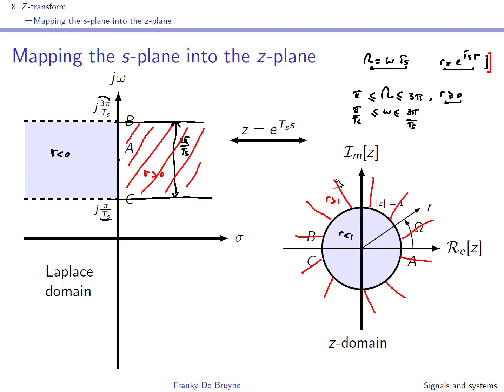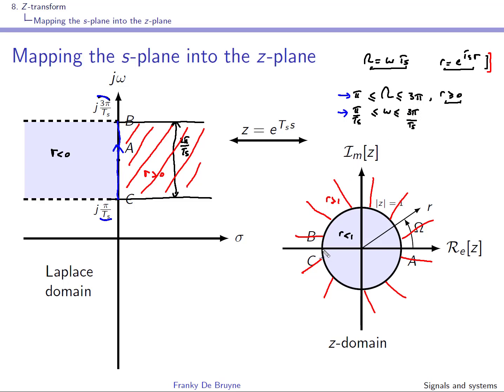And again, what we can do is look at what's happening on the j omega axis. Remember that we're considering frequencies that range from pi over Ts up to 3 pi over Ts. So we're moving on the j omega axis as is shown over here, and the corresponding discrete frequencies will range from pi to 3 pi.